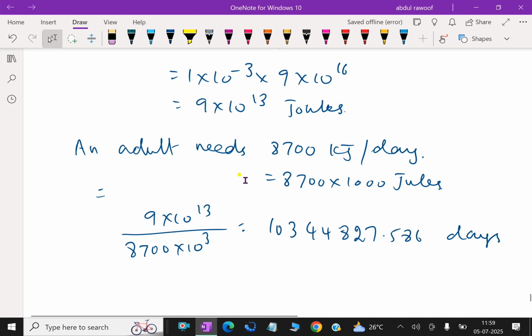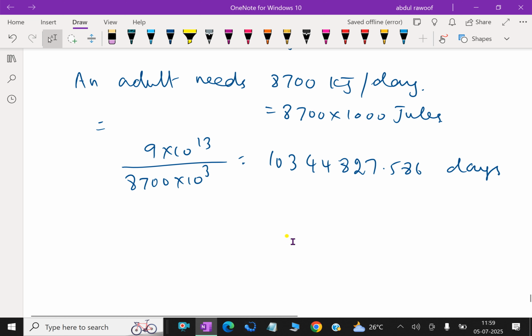That means an adult can use this much number of days of energy from 1 gram of that food, if converted completely to energy. You cannot imagine it, but it is a thought experiment. It may be realized completely in the future.